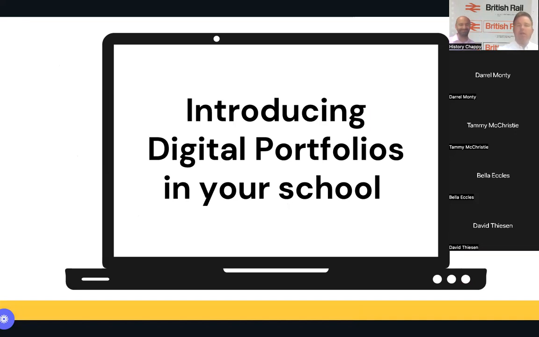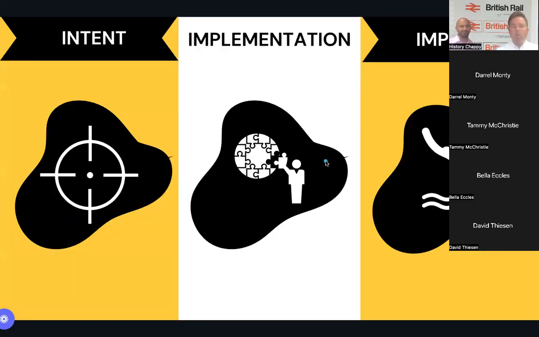So we're going to talk a little bit now about the idea of introducing digital portfolios in your school. So again, how do you go about that? And we're going to reflect a little bit on our own experience of doing just that here at St. Christopher's over the last couple of years. When we reflect on what we've done and how we went about it, there were three key things that we looked at. First, the intent: what we wanted to do and the positive difference we wanted to make here at the school.